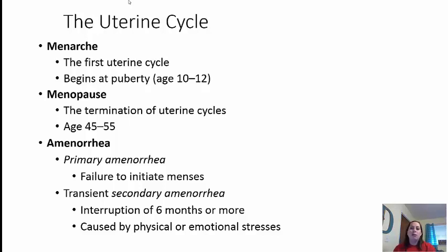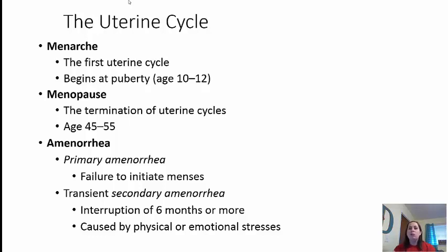Now, this can create a problem because remember I told you estrogen is really important in keeping your bones strong, and so if they're not producing that estrogen because they're not having their normal cycle, this can actually make their bones weak as well.